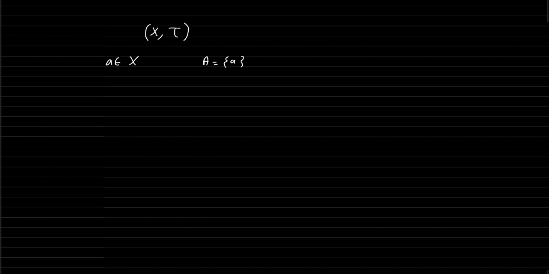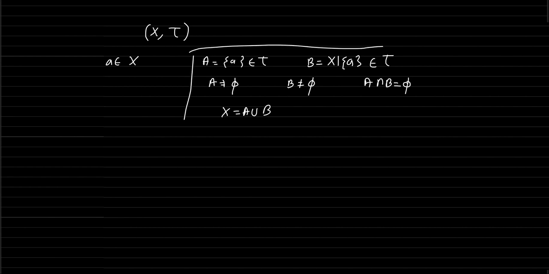Since X is a discrete space, this belongs to τ, and let B be equal to X minus {a}, and this is also a subset of X, so this is also open in X. So these two are open sets and these two are non-empty open sets also, because X contains more than one point. Now A intersection B is equal to phi and X is equal to A union B also. So here we got a pair of open sets which satisfies the conditions for a space to be disconnected. So every discrete space with more than one point is always disconnected.